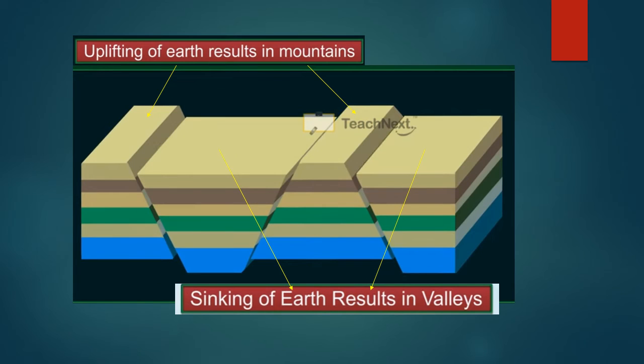Due to this vertical movement, either the earth gets lifted up to form mountains, or it sinks down to form valleys. Now this movement is very slow, and that is why these are called diastrophic forces. They are not sudden, not like earthquakes or volcanoes or landslides, which happen suddenly without any warning.